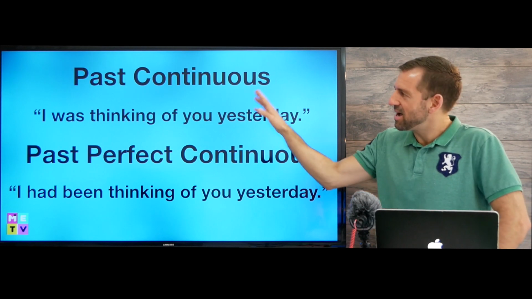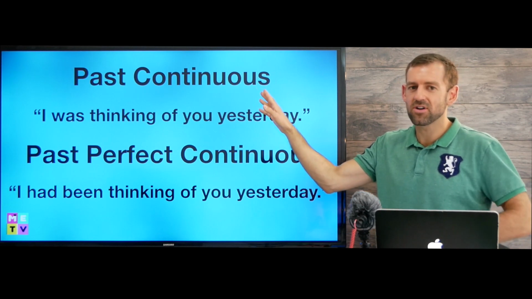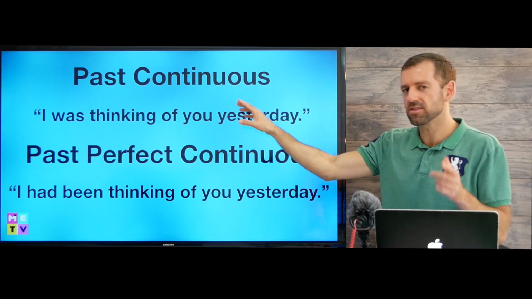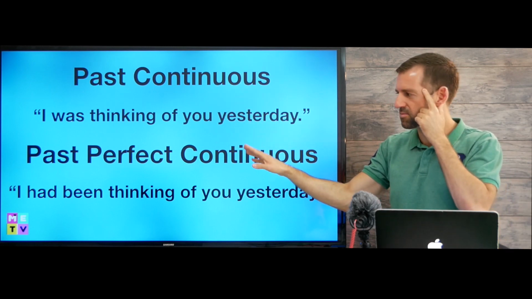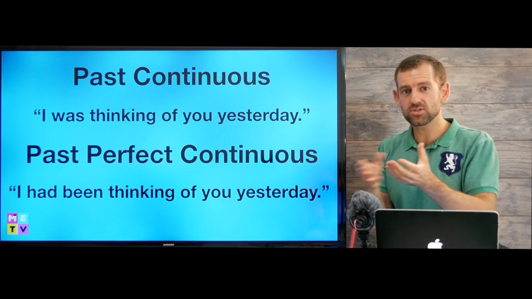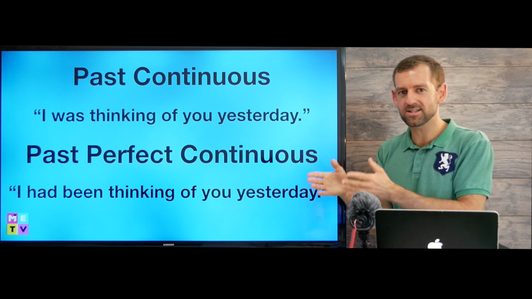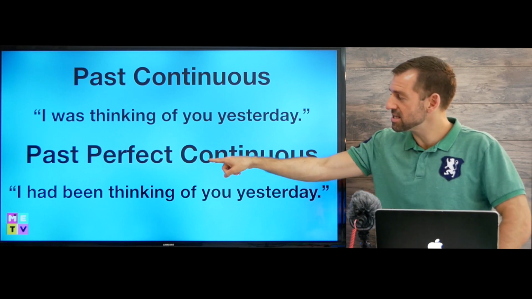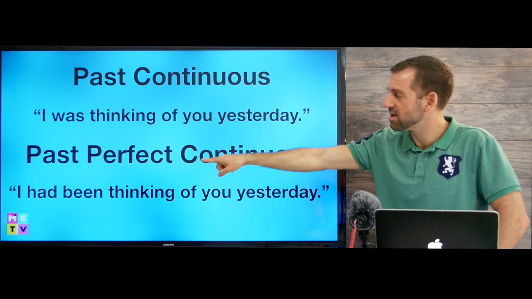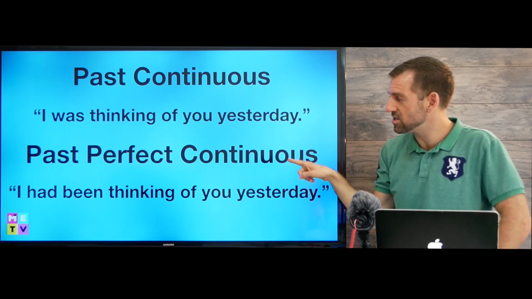So the past continuous tense is actually very easy to make, and it's a very common tense in English. But I think the confusing thing comes when you're not sure if you should use a different verb tense or you should use the past continuous. For example, this verb tense is very similar to the past continuous, the past perfect continuous.